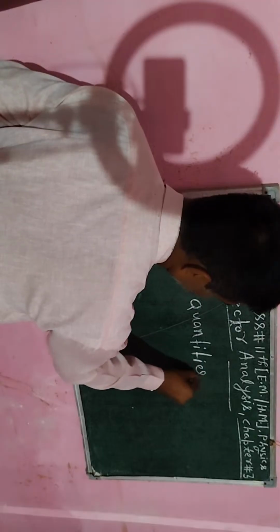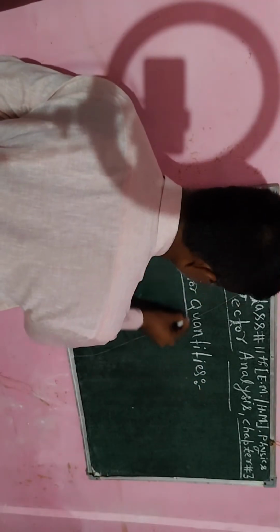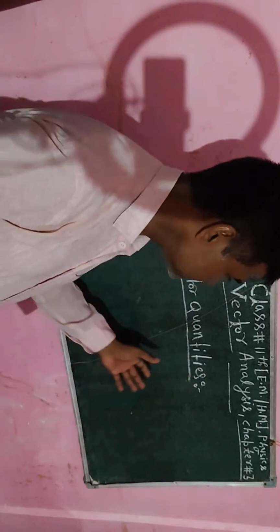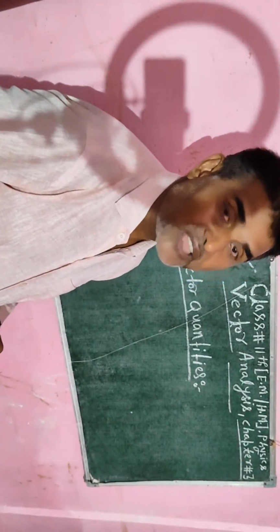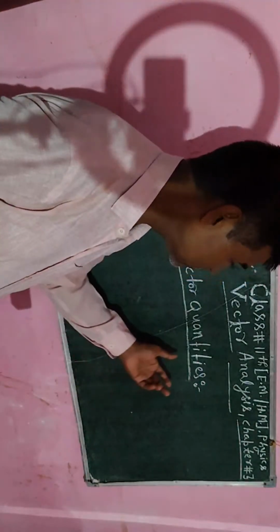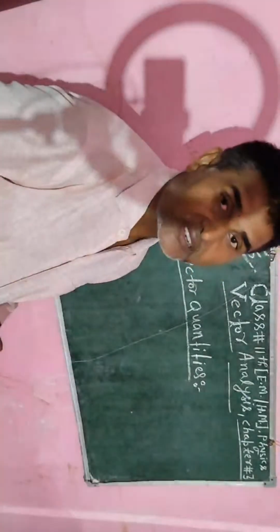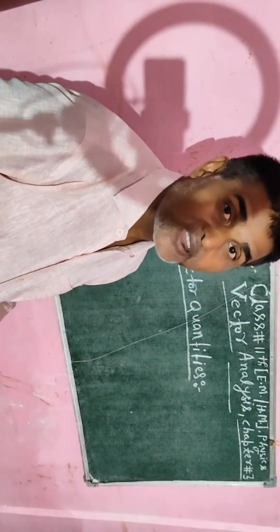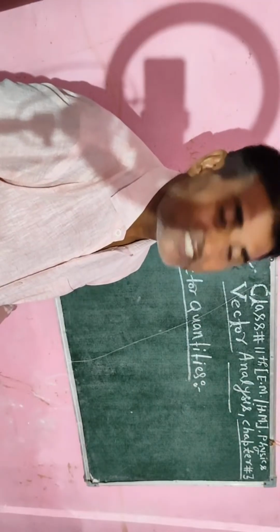What is the concept of vector quantity? A physical quantity which has magnitude and also direction, I will call a vector quantity, because a vector has one end point and the other end has a tip.